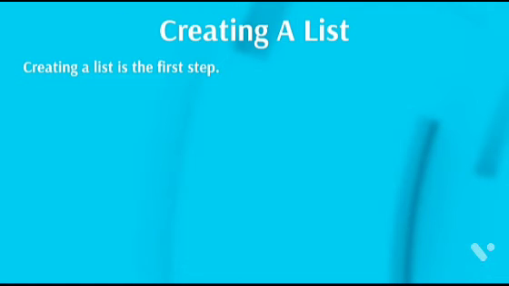The reason is that when you're creating your list, you want to get as specific as possible. You don't want one list that covers 5 different products, because you're not going to know which customer has purchased which product. And you can segment even deeper than that.